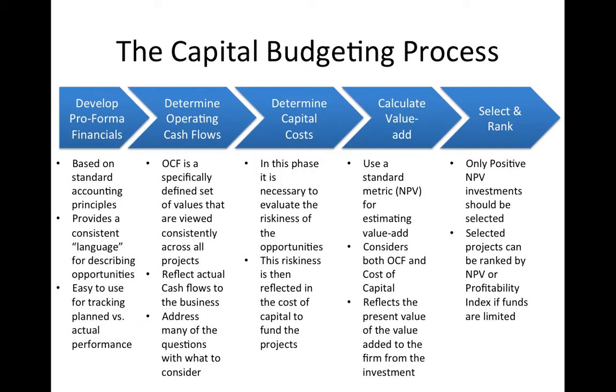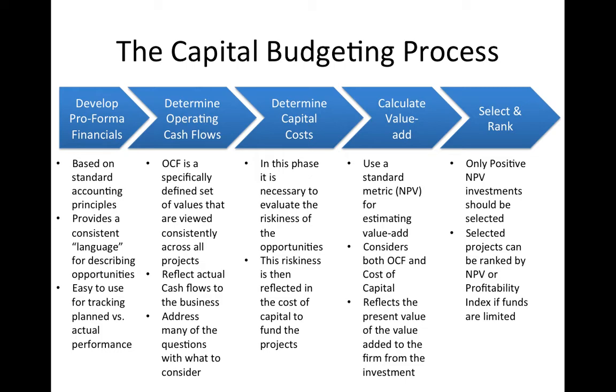And so if we look at the overview of the steps of the capital budgeting process, you can see how this might help with that. So, step one, you're going to develop your pro forma financial statements, and that's very similar to what you have done with your projects so far.